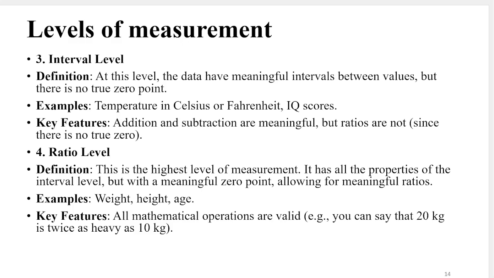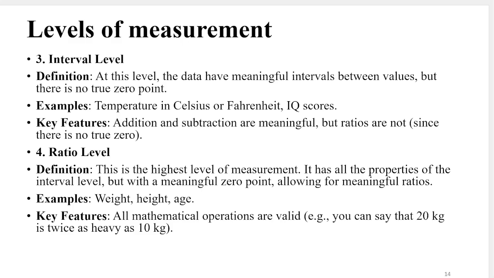The last one is ratio level. The ratio level is the highest and most powerful level of measurement. It has all the properties of the interval level, but it also has a true 0 point, which means 0 represents the complete absence of the variable. For example, weight, height, age, and number of patients.